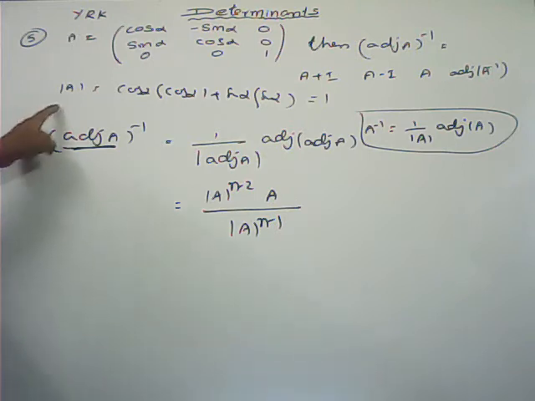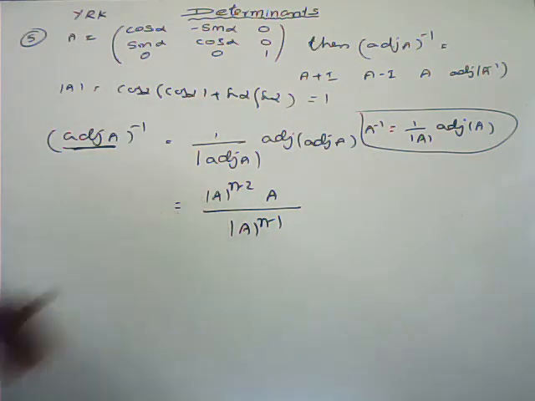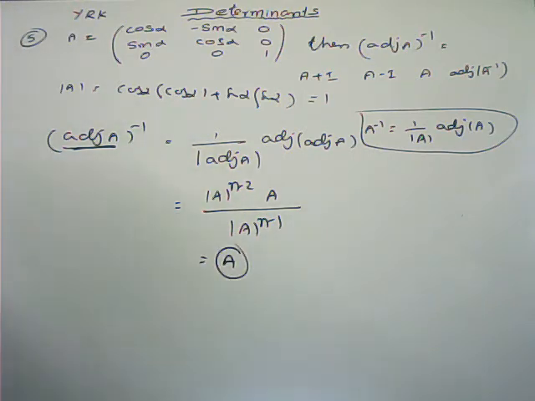And the det A value we got is 1. 1 power anything is 1, here also 1 power anything is 1. So how much are we getting? That is A.